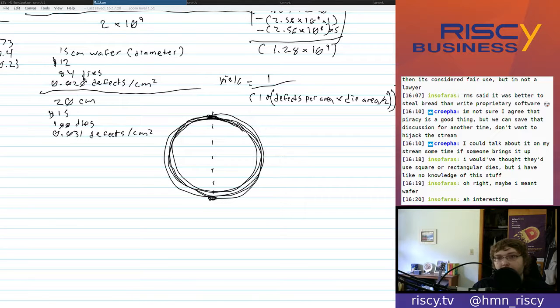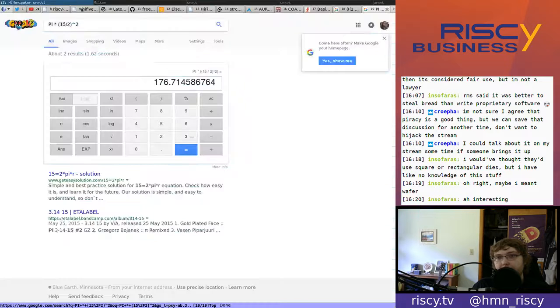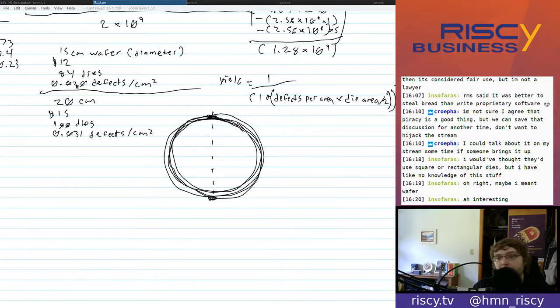And I know we have 84 dies. So I say a really rough approximation would be to take the 176 point blah blah blah and divide it by 84, right? Because that would divide it into 84 squares basically.